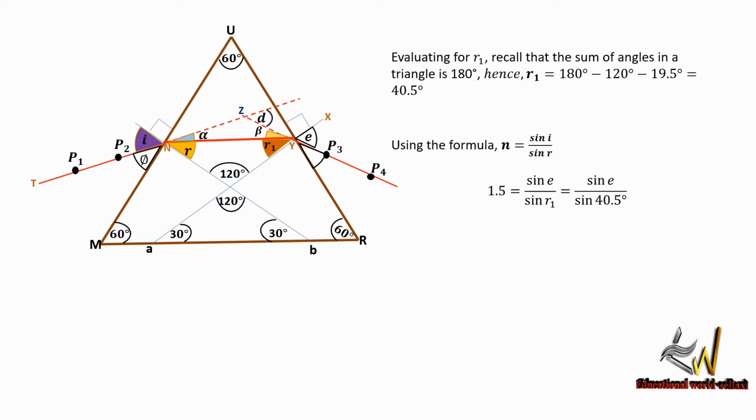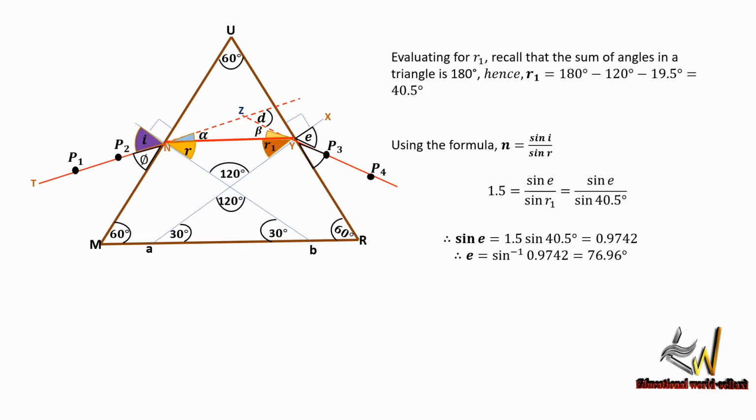So we now put it into the equation. 1.5 is equal to sine E over sine R1, which is equal to sine E over sine 40.5 degrees. Then looking for E, we said that sine E is equal to 1.5 sine 40.5, which is equal to 0.9742. Therefore E is equal to 76.96 degrees.